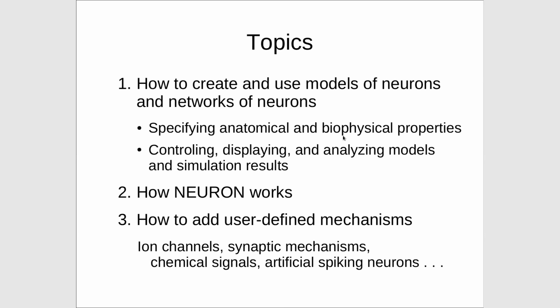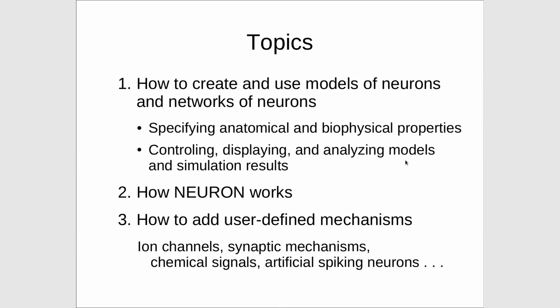And the topics we're going to cover today include some introduction as to how to create models of cells and networks of neurons, a bit about how NEURON works, because in science, it often turns out that you get the most out of a tool if you know something about how it does what it does.